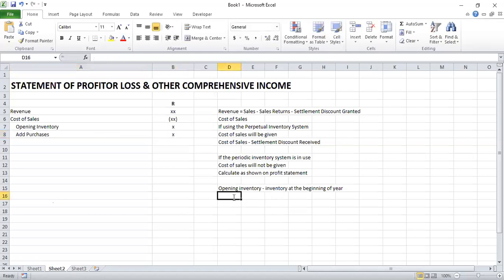How do we calculate our purchases? The given purchases, minus purchases returns, minus settlement discount received.